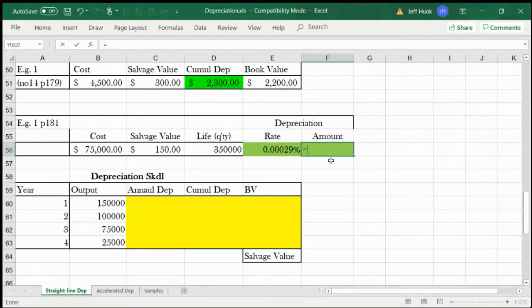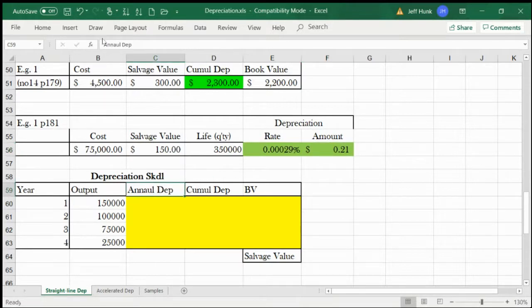In terms of dollar amount, the depreciation base, which is cost minus salvage value, times the depreciation rate, gives you 21 cents per unit.